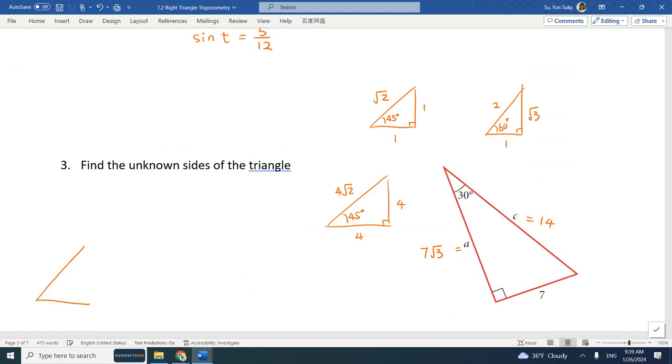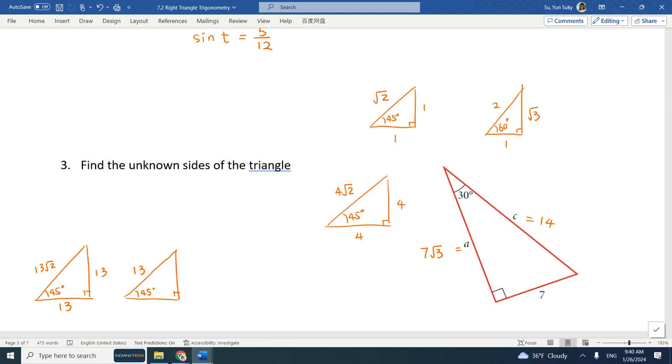If I give you this is 45 degrees, and let's say this is 13. What do you do? What's this? 13. And how about this? 13 square root of 2. Good. How about the same one, but I give you this side is 13.